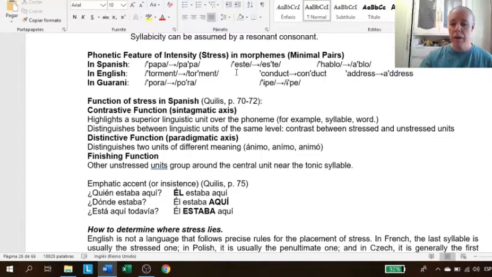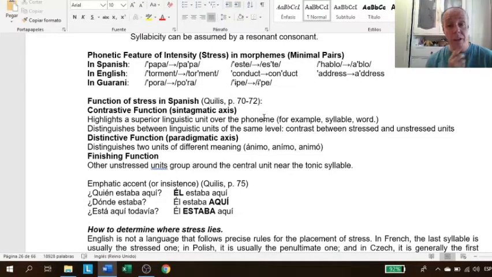Here we have a Guarani example as well. Pora, pora, but we have nasal, yes. Upe, upe, okay? So in Guarani, stress is also a phonemic feature. Read the whole manual, remember that.